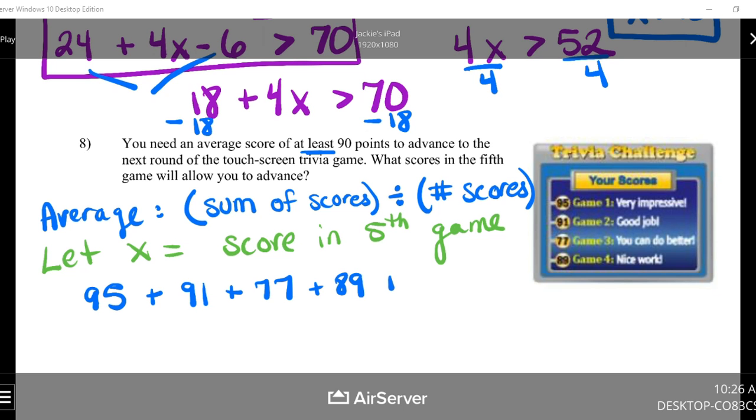And then we need to also include X to represent the 5th game. So this is 5 scores. So we're going to divide this sum by 5. And this needs to be at least, so greater than or equal to 90.